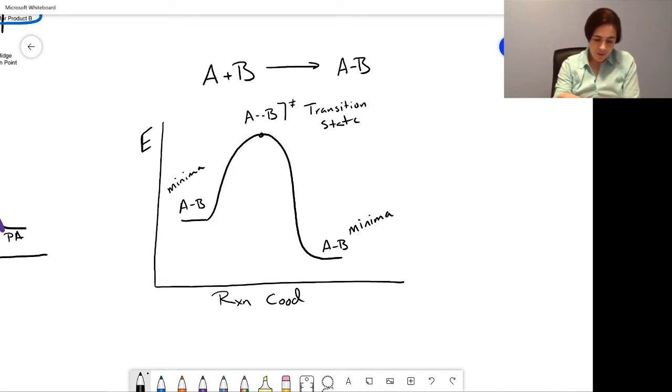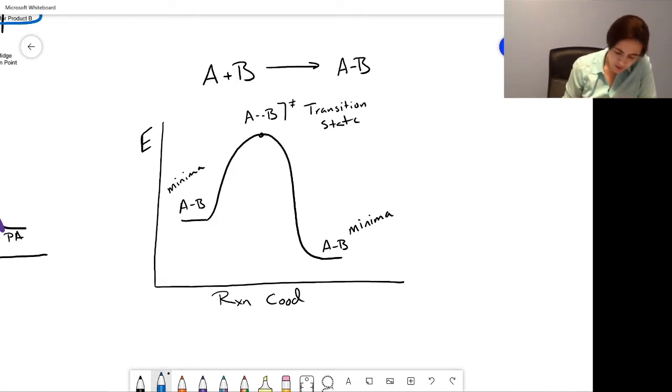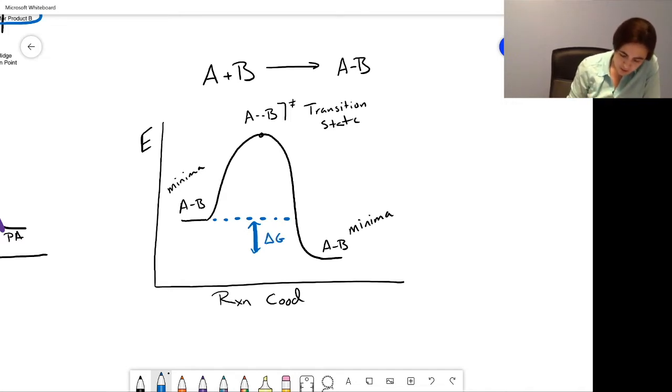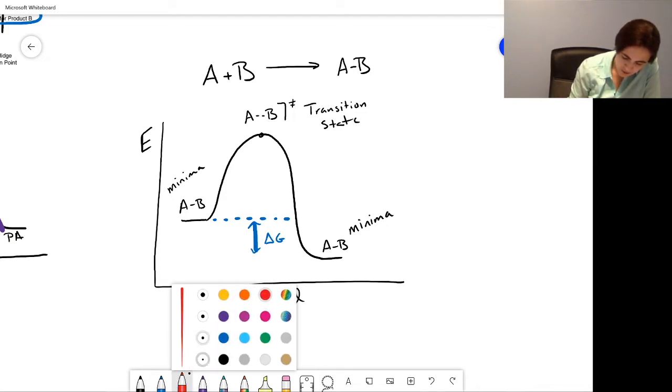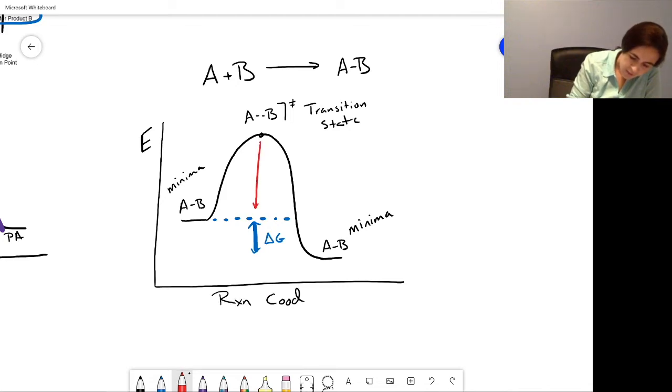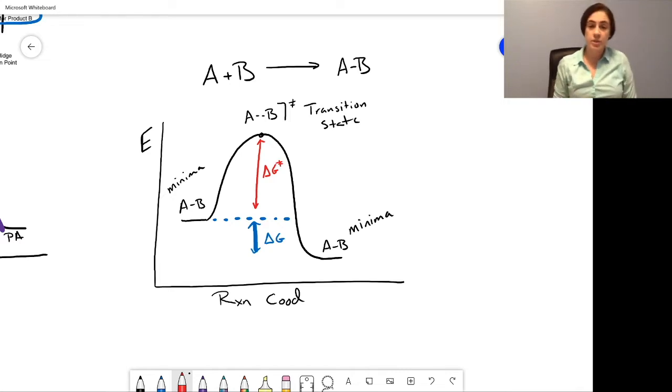So the key energies that we're going to talk about here are the energy between the products and the reactants. That's going to be delta G. We're also going to look at the energetics between the reactants and our transition state, and we'll call that delta G double dagger. So we're going to talk about energies in terms of Gibbs free energies because they describe the system most fully.